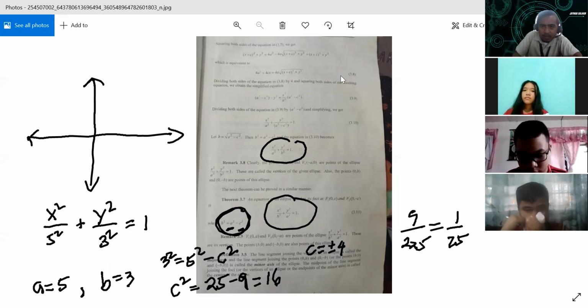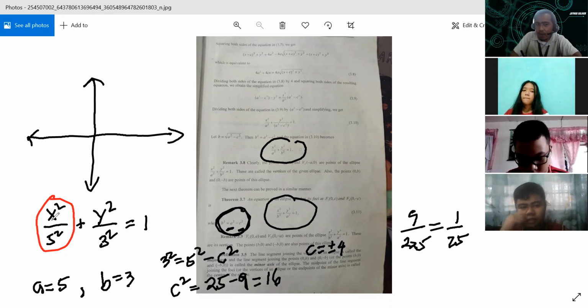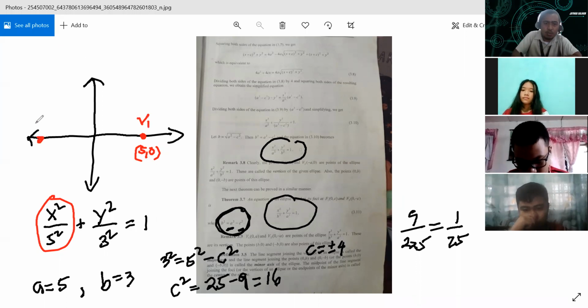You see, it is along x, meaning your major axis is on the x-axis. So it should be (5, 0). That is your vertex 1, while your vertex 2 should be (−5, 0). Okay?